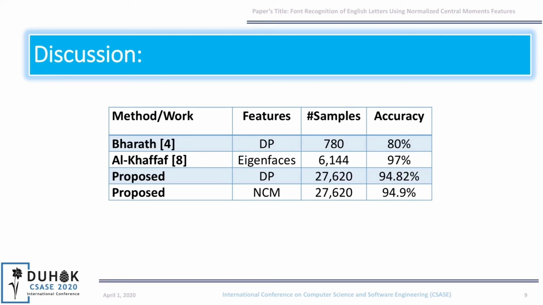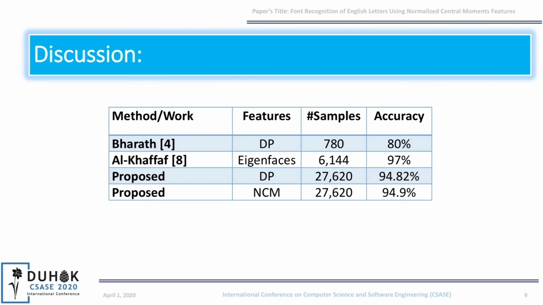They used a smaller dataset of 6,144 samples only, which is 4 times smaller than our dataset, while in our system we used 27,620 samples in the training, validation, and testing.